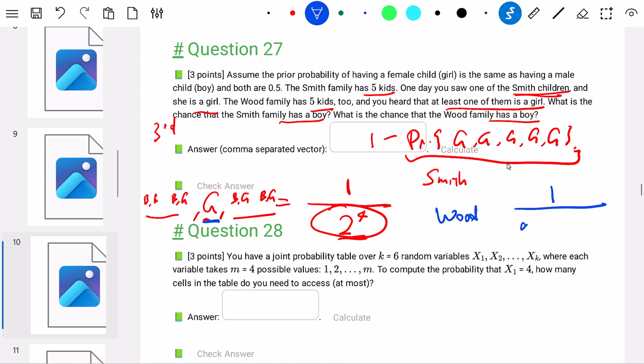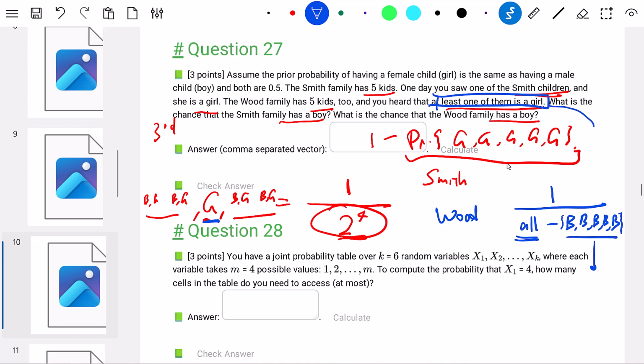So it's basically all possible ones minus the B, B, B, B, B one. So we just count all possible ways to assign boy or girl and subtract one specific permutation, which is all boys, because we know at least one of them is a girl.